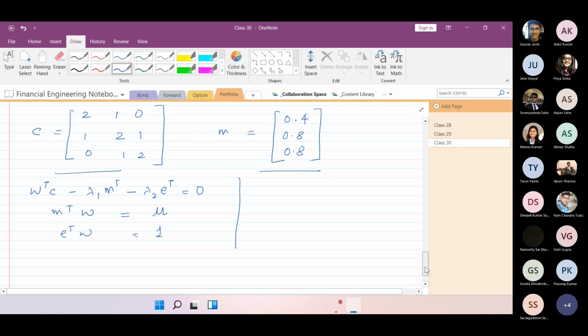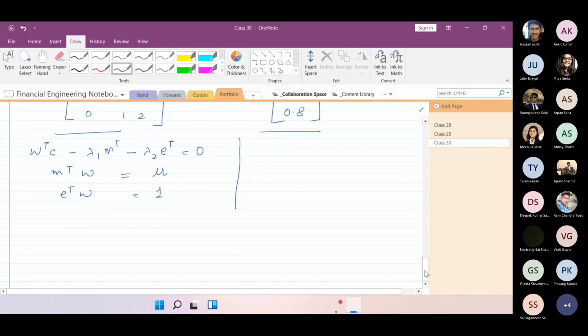We start with the first extreme solution, and we say, let me go with the first one where lambda1 is equal to 0 and lambda2 is equal to 1. The second one, we try to solve where lambda1 will be equal to 1 and lambda2 will be equal to 0.